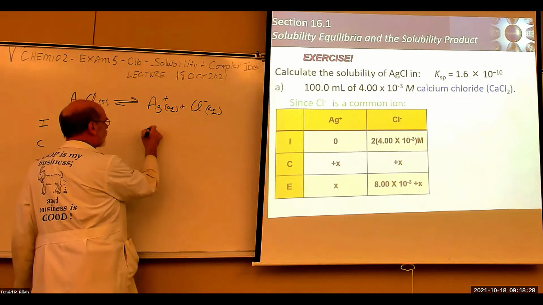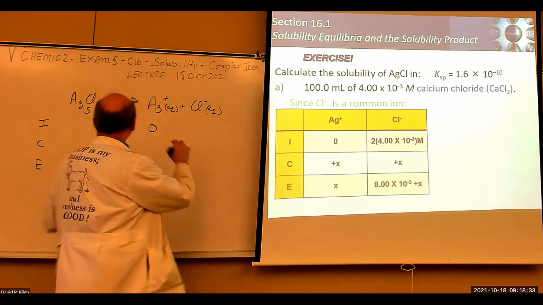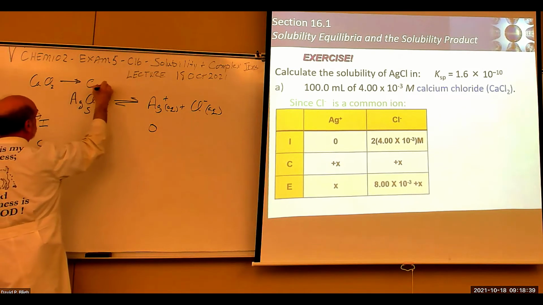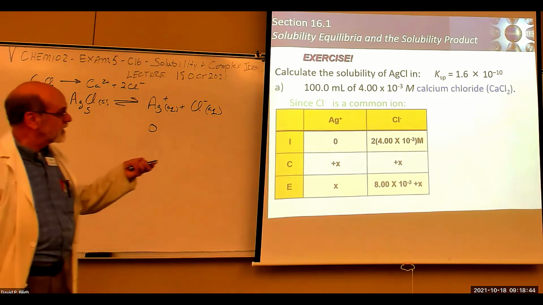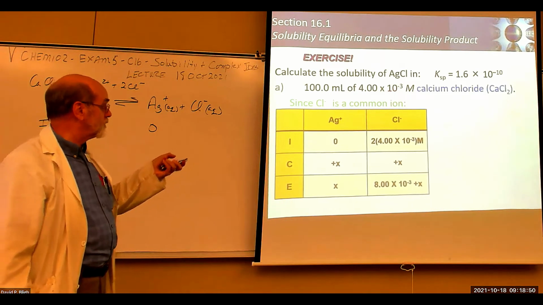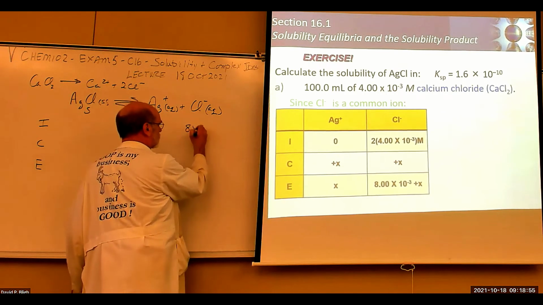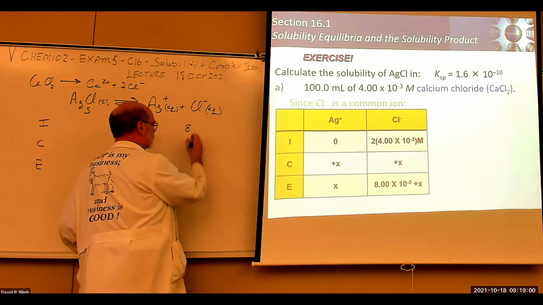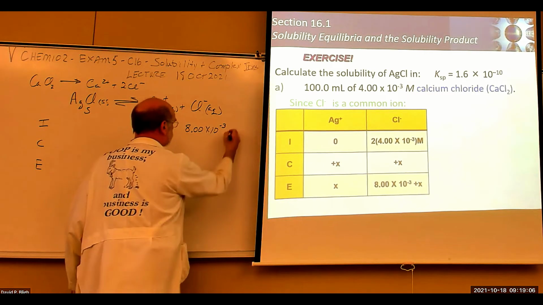Well, we start off at 0 here, but we've also introduced some chloride ions. And notice that when calcium chloride goes into solution, it produces 1 calcium, but 2 chlorides. So if the concentration is 4 times 10 to the minus third, then the concentration of chloride is actually 8 times 10 to the minus third. Let's not throw away any significant figures here. And these are all molarity.